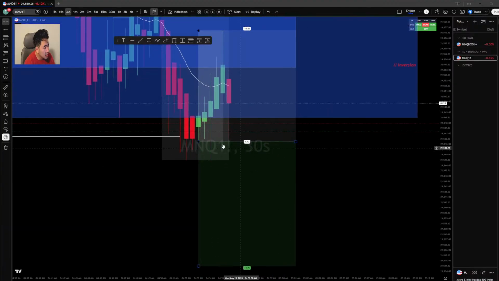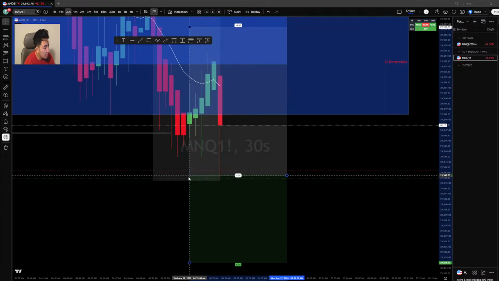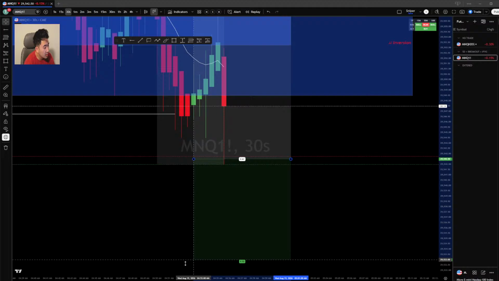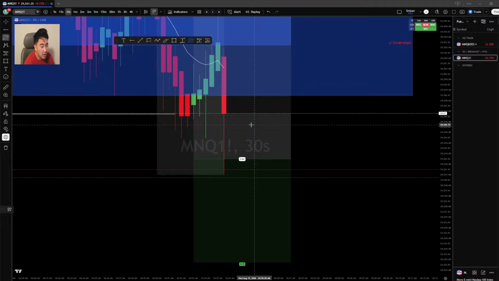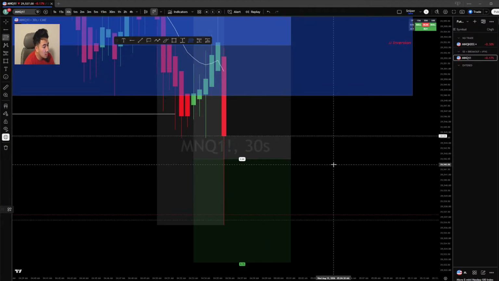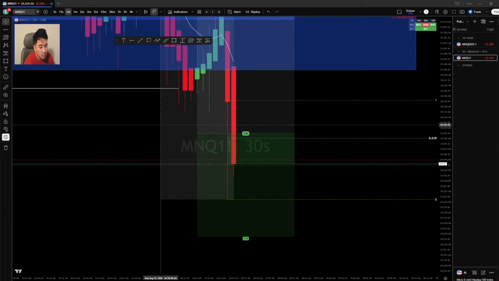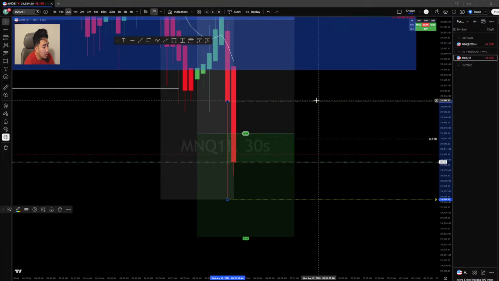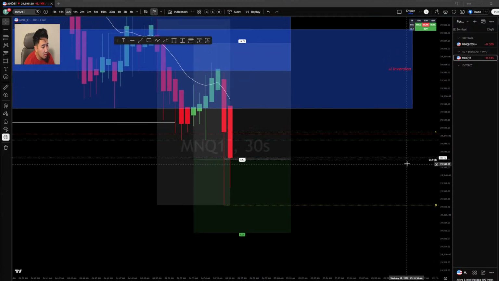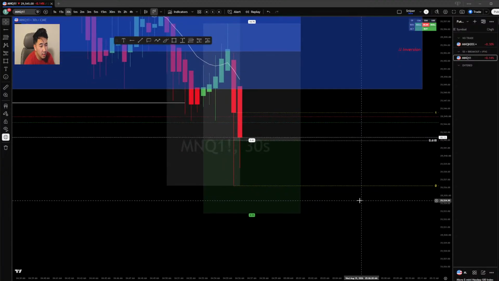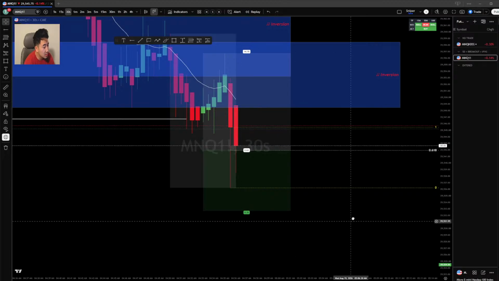And then it has to close under, yeah. There's a long lower wick there, and then I need the next candle to close below it and then pull back. Or break below it, sorry, before making a new high, otherwise I'm going to use the next one.